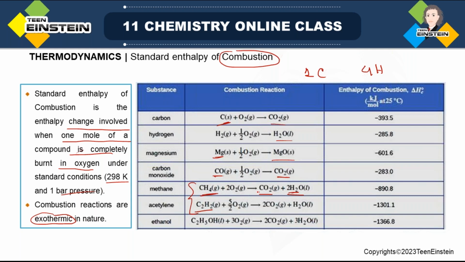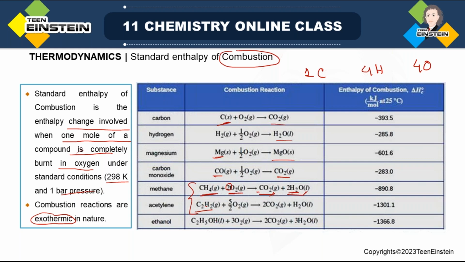To balance carbon, no coefficient is required. Once you fix the coefficients on the product side, see how many oxygen atoms are present. In CO2 there are 2 oxygen atoms, and in 2 molecules of water, 2 oxygen atoms. So a total of 4 oxygen atoms should be present on the left hand side. That is why the coefficient we use is 2.